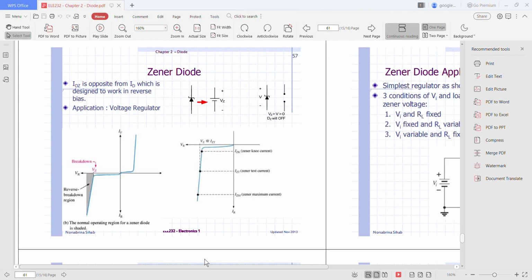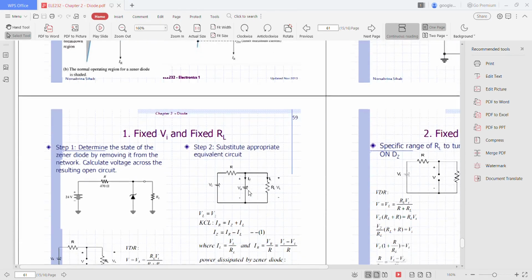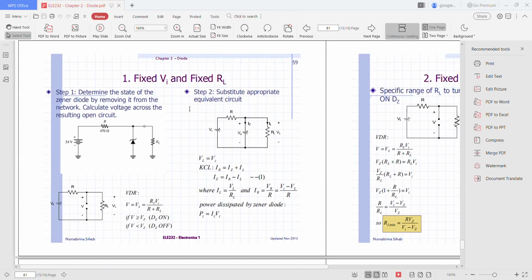Okay, now we look at the first condition, where the first condition is fixed V in and fixed RL. RL is the load resistance.